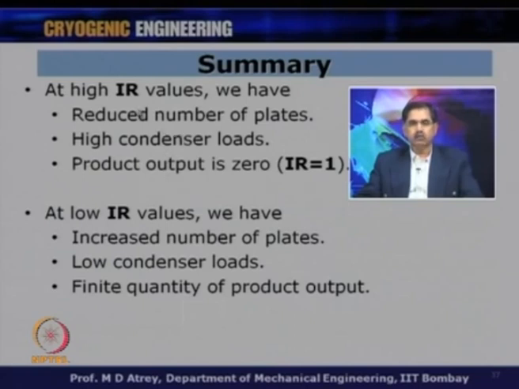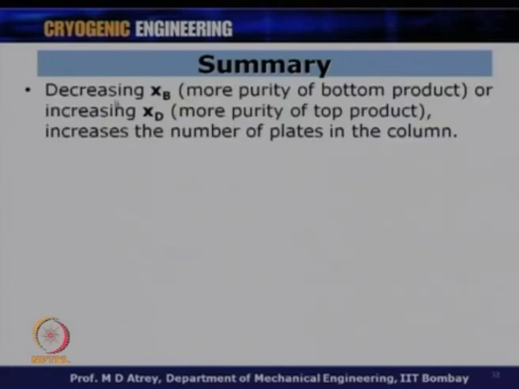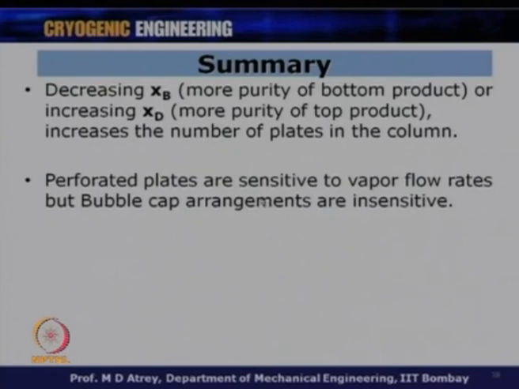So, at high reflux ratio we are very close to the diagonal, and at low reflux ratio we are close to the equilibrium line, which results in an increased number of plates and lower condensation loads. Again, for the purity requirement, a decrease in xB and an increase in xD will increase the number of plates in the column. So, purity requirement also dominates the number of plates in the column. The perforated plates are sensitive to vapor flow rates.